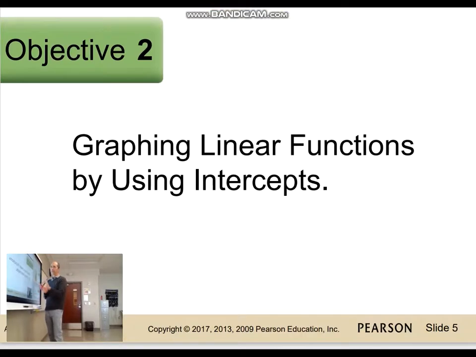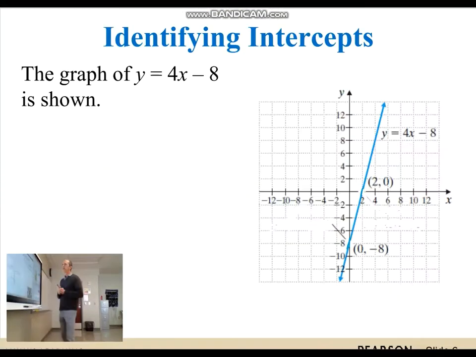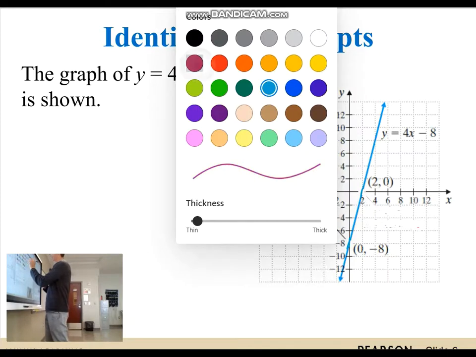Next objective. Let's graph linear functions using intercepts. First, let's identify the intercepts. Check this graph here. We have the graph of the equation y equals 4x minus 8. The y-intercept is the point where the graph intercepts the y-axis.